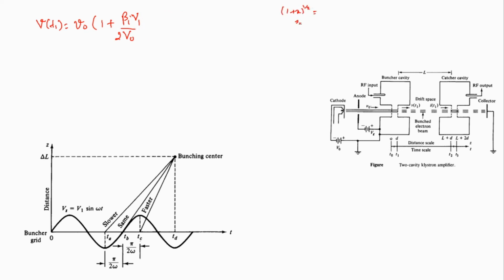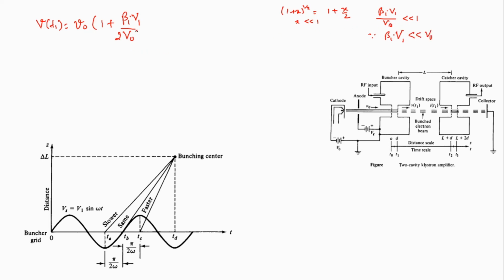If x is much less than 1, we can write 1 plus x by 2. And here we can see beta I V1 divided by V naught is much less than 1, because beta I V1 is much less than V naught value.